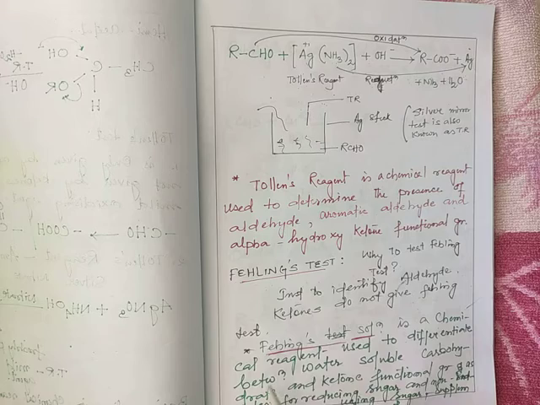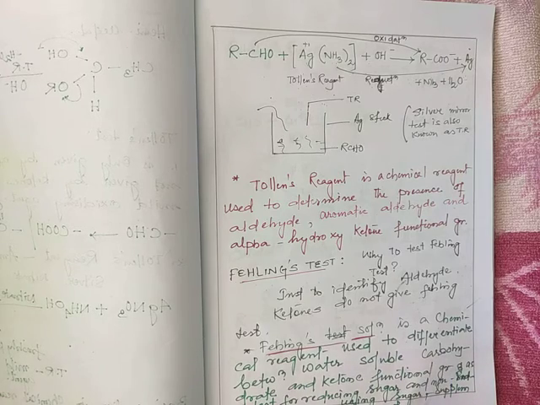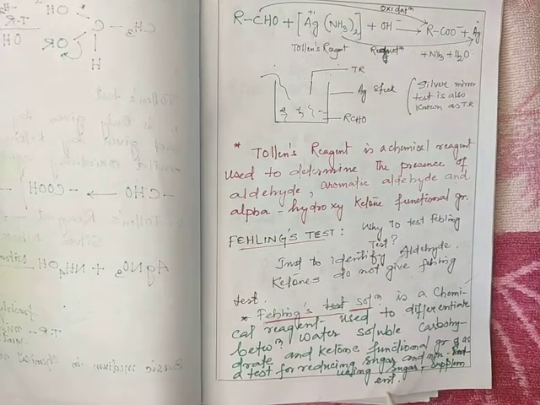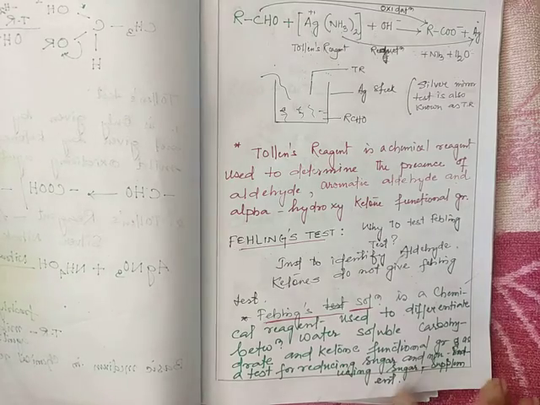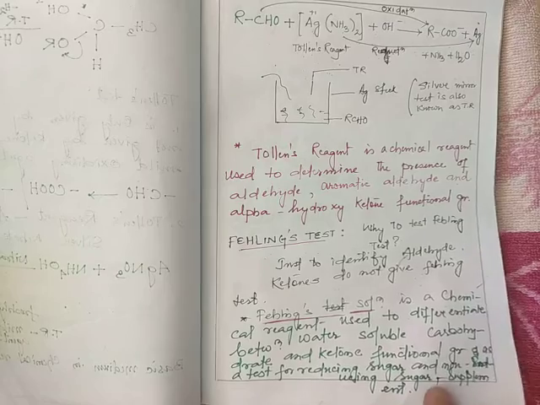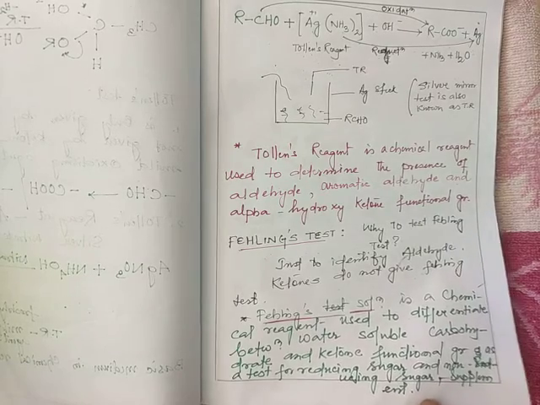This is a chemical reagent used to differentiate between water soluble carbohydrate and ketone functional groups, and this test distinguishes reducing sugar and non-reducing sugar, like that. This is the Fehling's test solution.